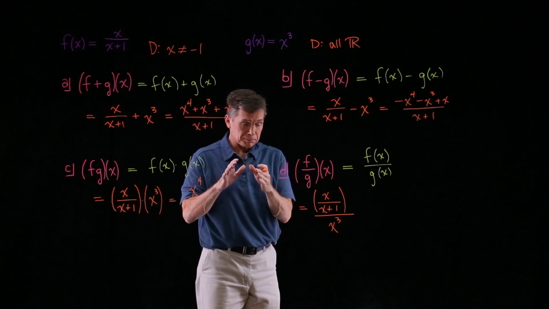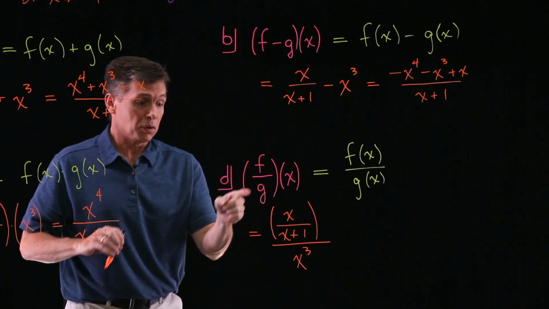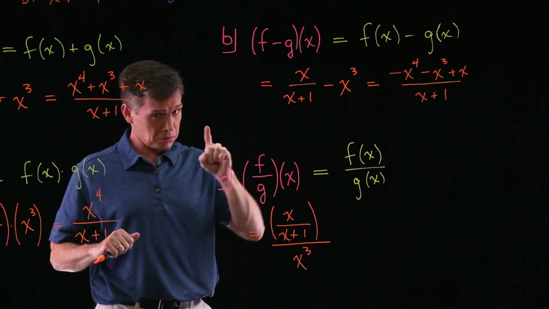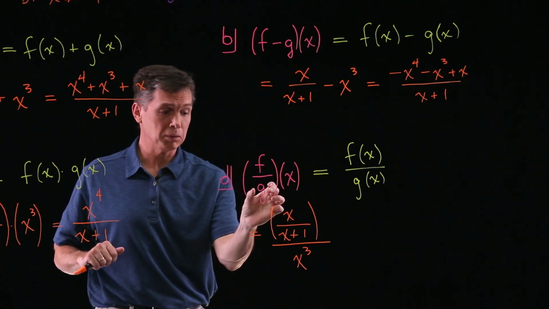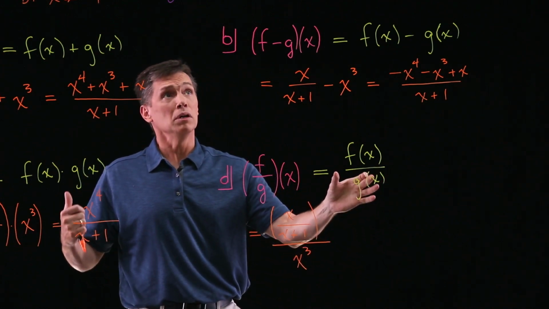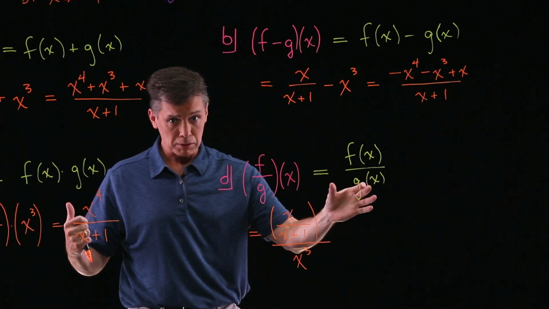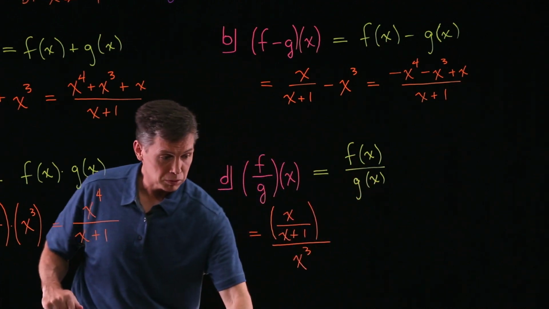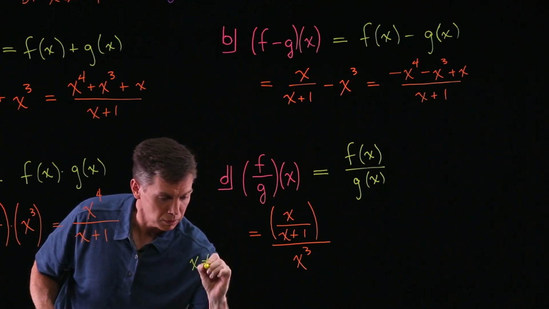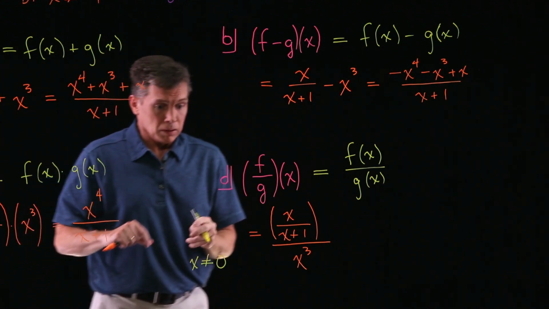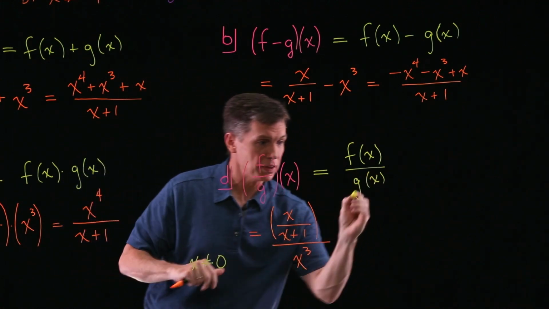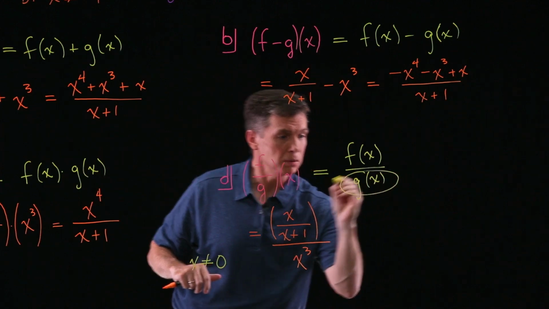I'll pause for a second, because it is important with this fourth arithmetic combination of division. It's important at this step that you realize, hey, wait a minute, g of x, that's a denominator right now. That can't be 0. We can never have 0 in a denominator, right? So I do want to make a note over here that x cannot equal 0. Now the official word is that g of x, the whole thing, cannot equal 0.